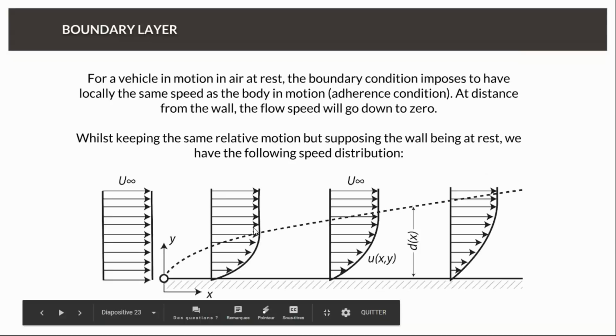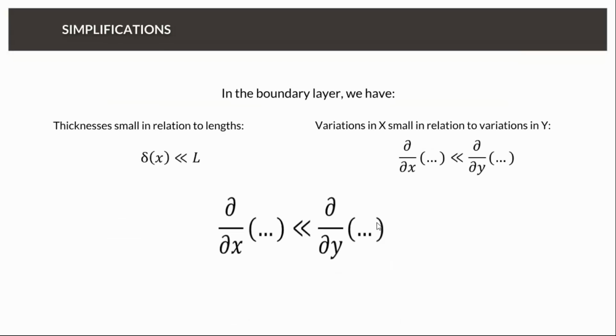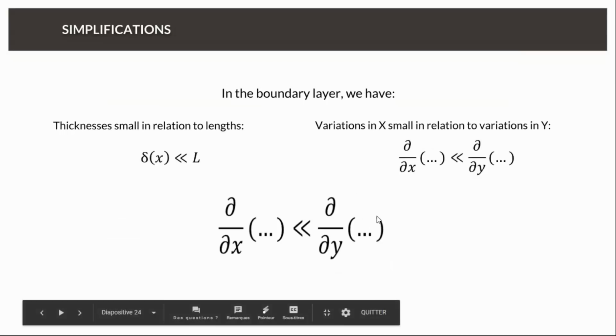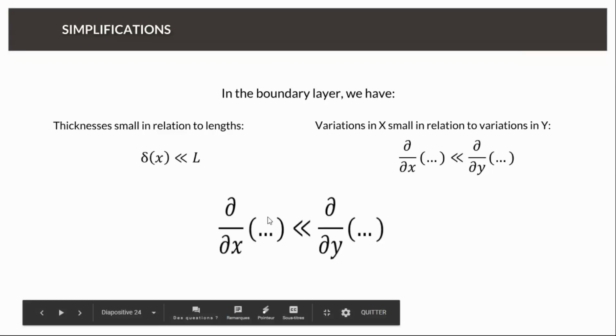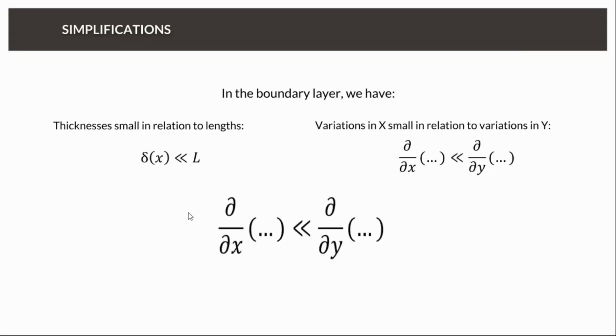The evolution of the boundary layer will be small in the x direction, where the flow goes over a plate, for instance, but as the boundary layer is very thin, over a very small distance we will have to vary between zero speed and the external speed, so the variations, the d over dy, the variation in the height, in the y direction, will be much, much bigger than the variation in the x direction.